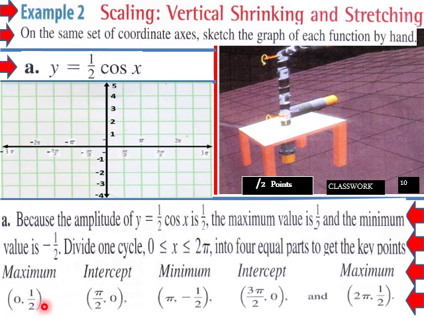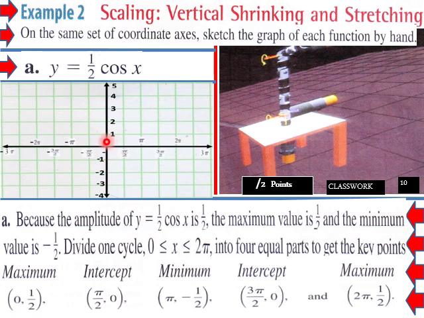So that would be one cycle. You start with max and you end with max. So you go from 0, 1/2, pi over 2, 0, pi, negative 1/2, 3 pi over 2, 0, and 2 pi is 1/2, back to 1/2 again.